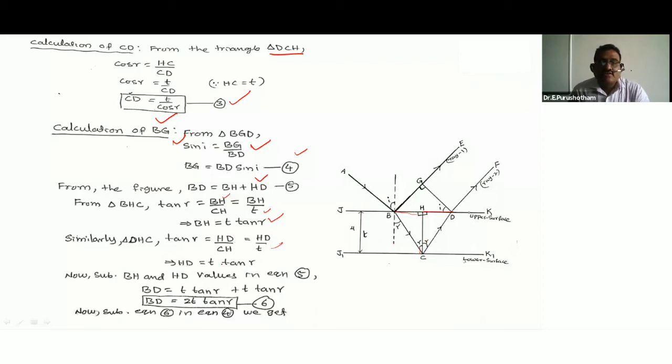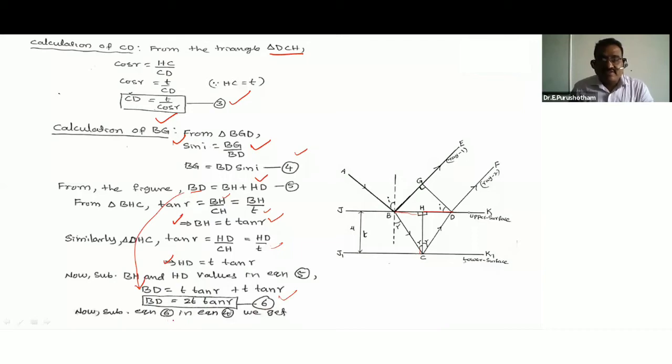So HD is equal to t tan R. Now substituting this BH value and HD value in equation 5, BD is equal to t tan R plus t tan R. BD is equal to 2t tan R. This is equation number 6.